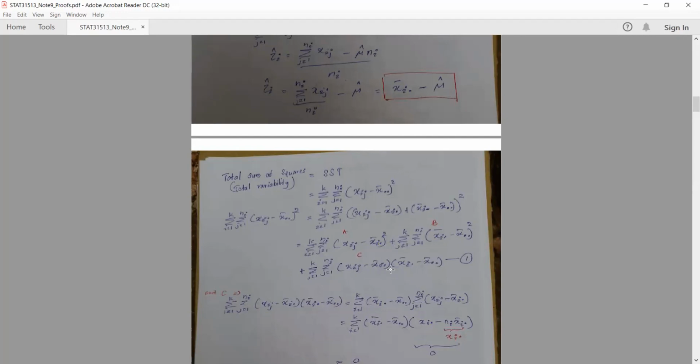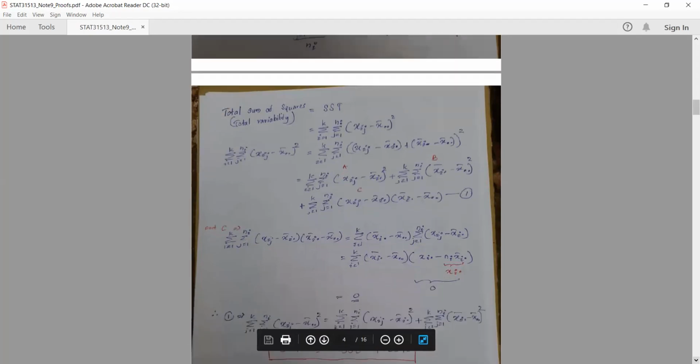to take 2 times the summation of these two terms. So here you have to add plus 2, that is missing here. You have to add plus 2 times the summation of xij minus xi dot bar into xi dot bar minus x double dot bar. So let's look at this summation and see what will happen here.